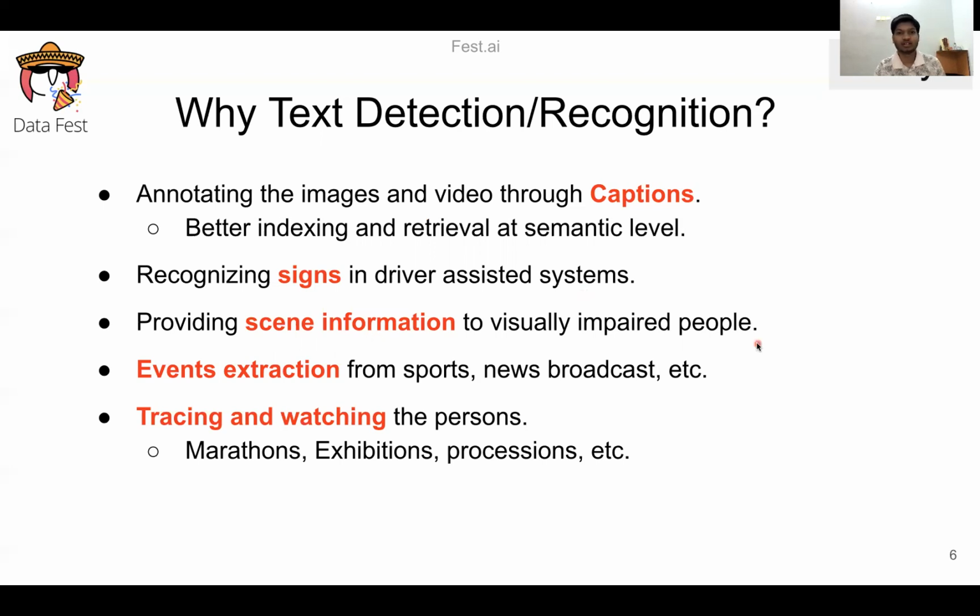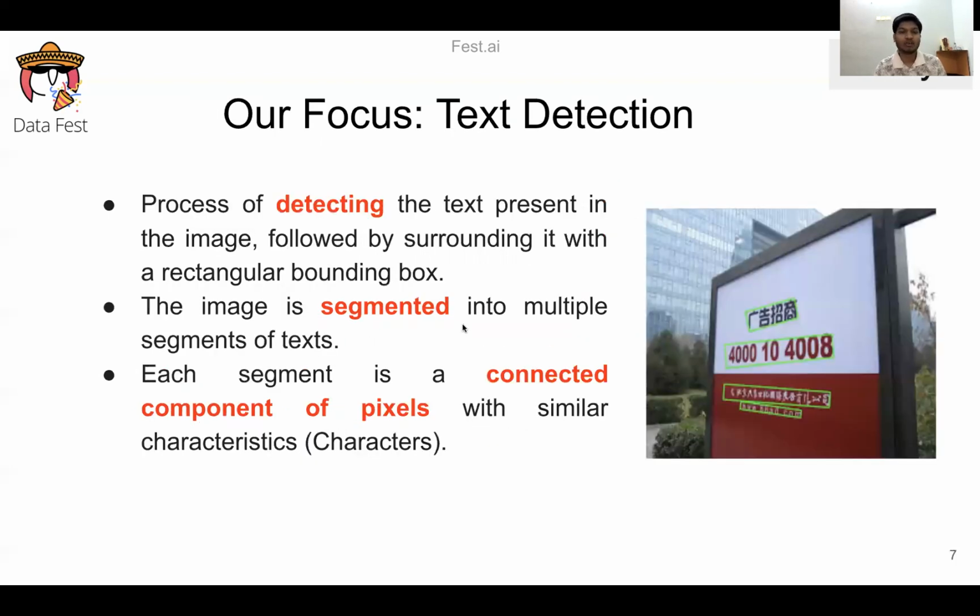We can detect the text and give it to them in the form of voice. We can also use it for event extraction from sports and news broadcasts. Also, we can use it for tracing and watching persons with the help of the person's t-shirt number in marathons, exhibitions, processions, etc. Our focus today is basically on text detection.